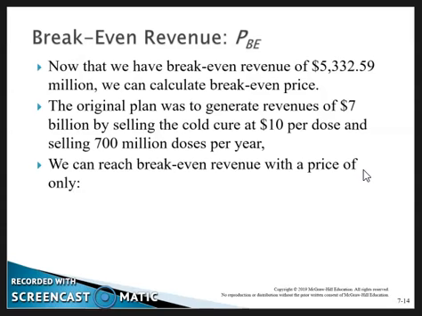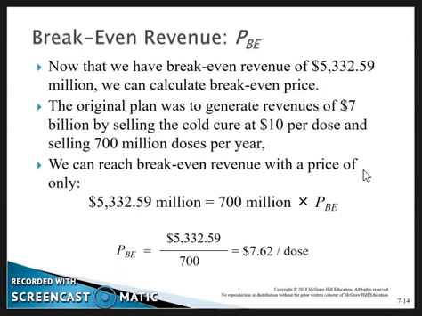We can reach break-even with a price of only, by setting the revenue equal to the 700 million times the price, 5.33 billion divided by 700 million, which is $70.62 per dose. So that would be our break-even price.